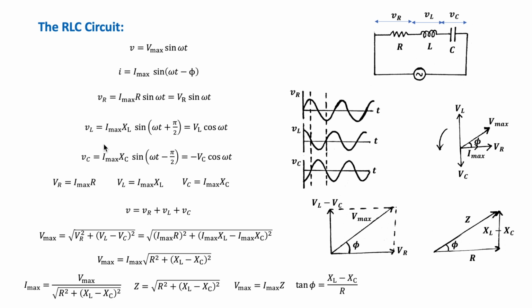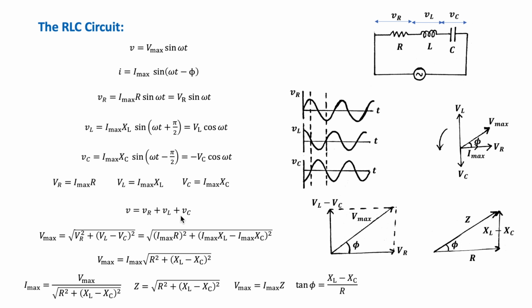You can see that the voltage drop across the resistor is in phase with the current, the voltage drop across the inductor leads the current by 90 degrees, and the voltage across the capacitor lags behind the current by 90 degrees. Also, the total voltage across the three elements is the sum of them.